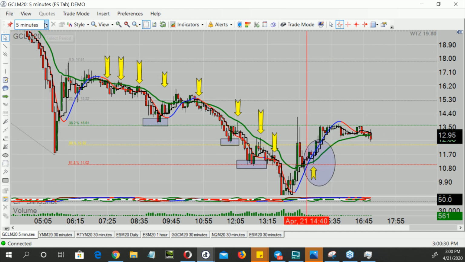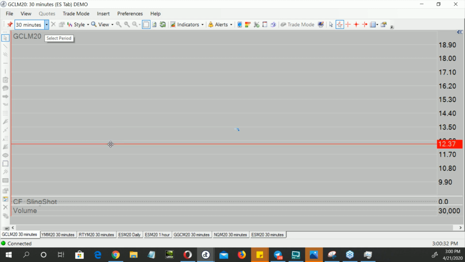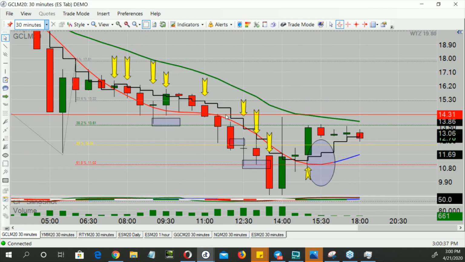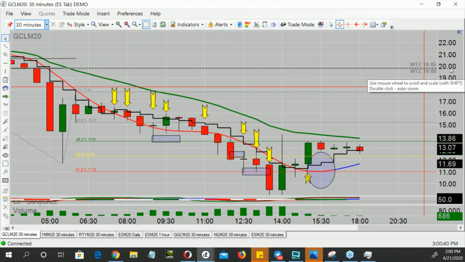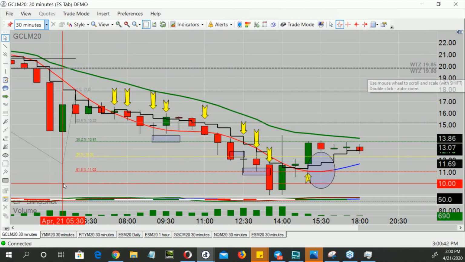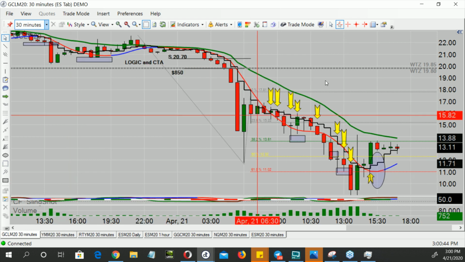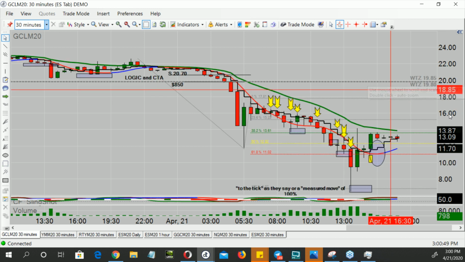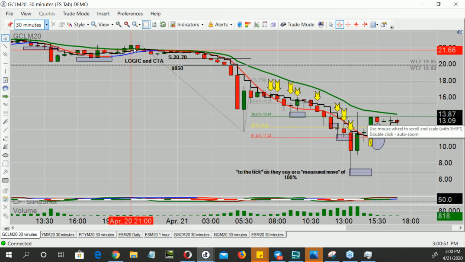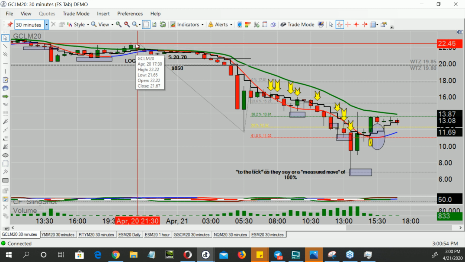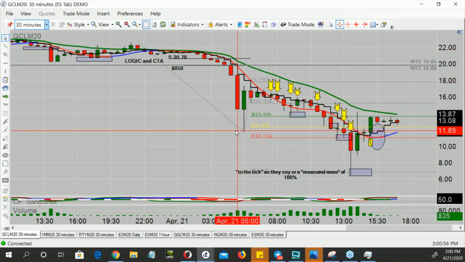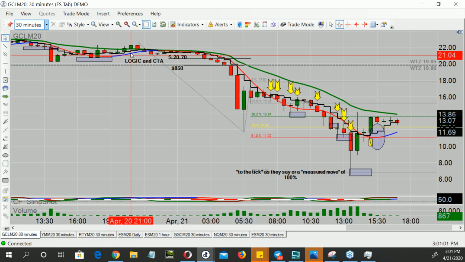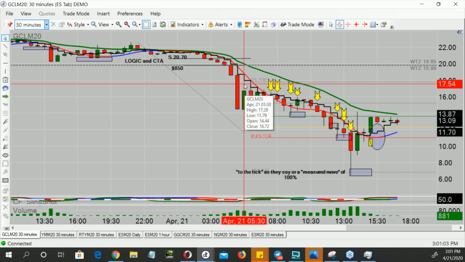So let me go back to the 30-minute chart. Okay. Shrink it down. Okay, so I'm going to shrink it just a little bit more. All right. So from the swing high last night, from the swing high to the swing low to the retracement high, again, we're connecting those 3 points. 1, 2, 3.